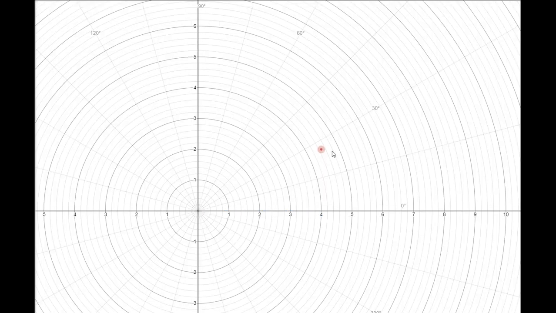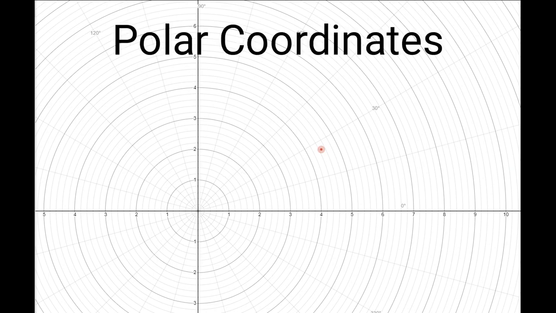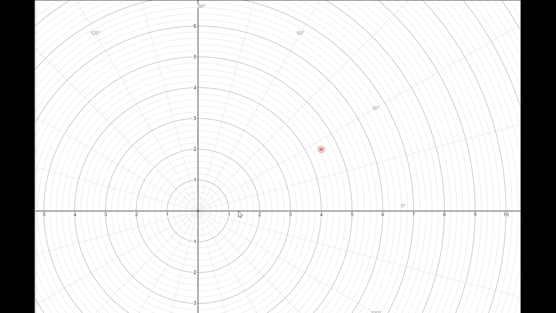So one example is using a coordinate system called the polar coordinate system. Maybe you've heard of this before, but the way it works is instead of measuring how far over and up a point is, we tell you an angle of rotation and then a distance out to that point. So if I wanted to tell you that this point is right here, I would tell you the angle you need to turn to look at that point and then how far out you'd have to walk to get to that point.